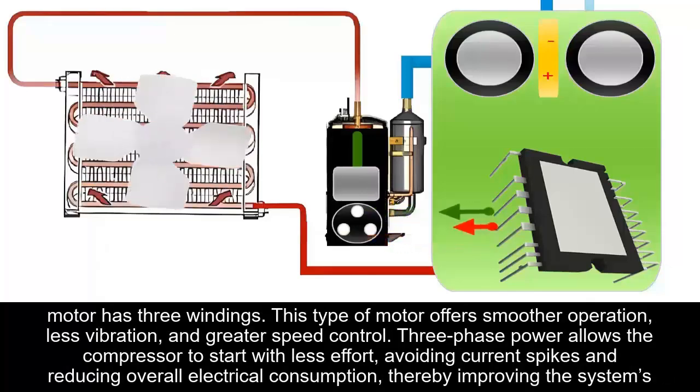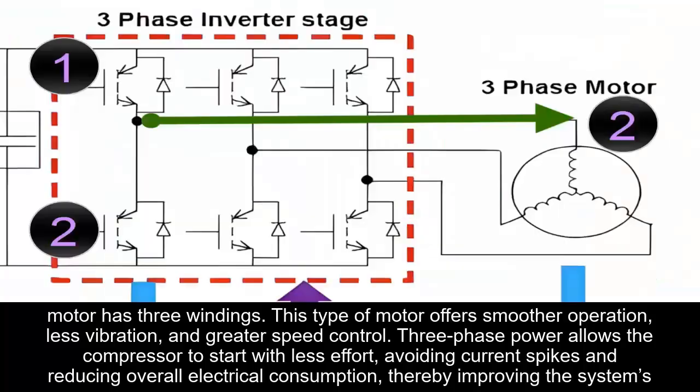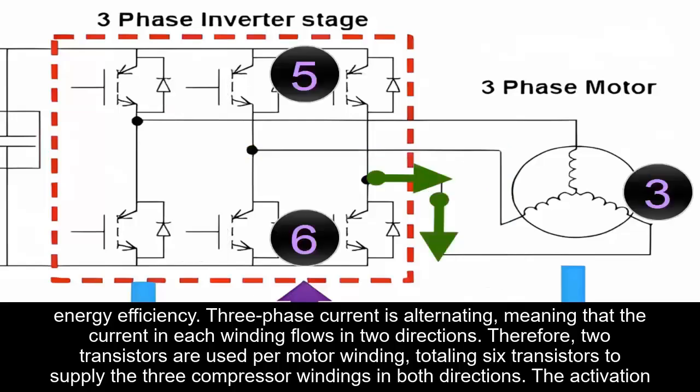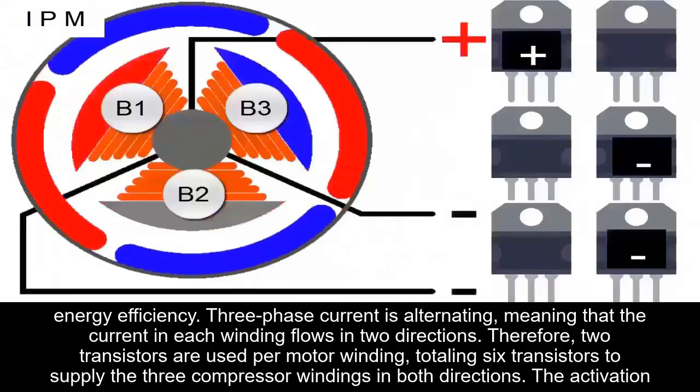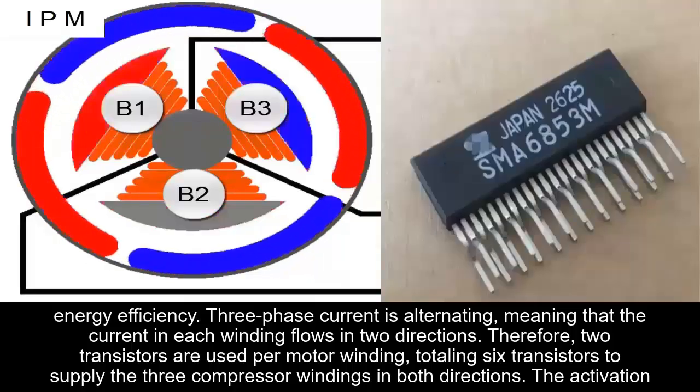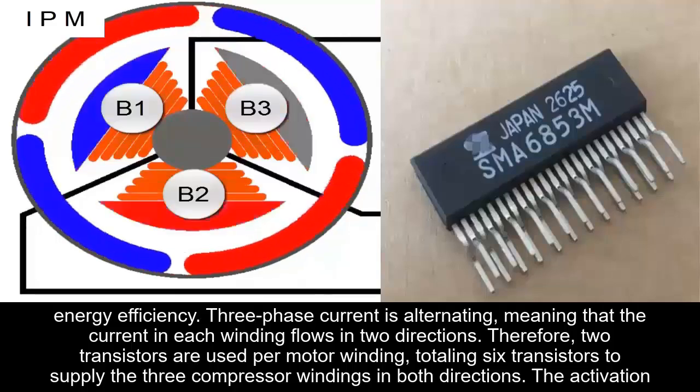This type of motor offers smoother operation, less vibration, and greater speed control. 3-phase power allows the compressor to start with less effort, avoiding current spikes and reducing overall electrical consumption, thereby improving the system's energy efficiency. 3-phase current is alternating, meaning that the current in each winding flows in 2 directions. Therefore, 2 transistors are used per motor winding, totaling 6 transistors to supply the 3 compressor windings in both directions.